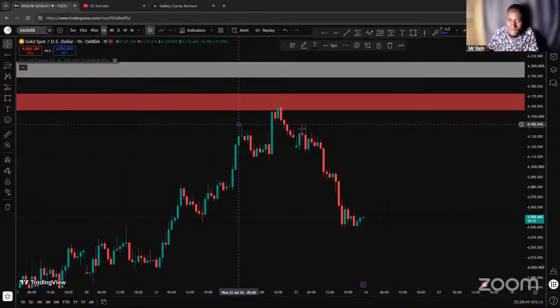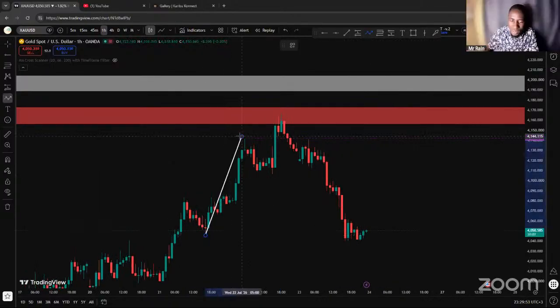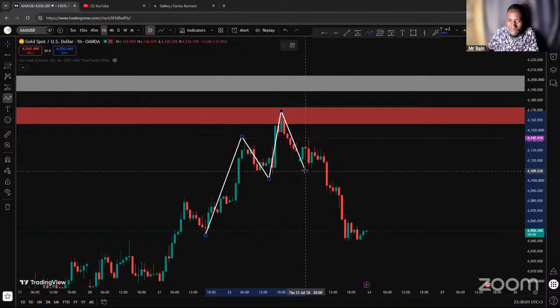Price failed to continue with this trend. It started from here. Let's say here, it created a higher high, higher low, another higher high. We had a pullback.